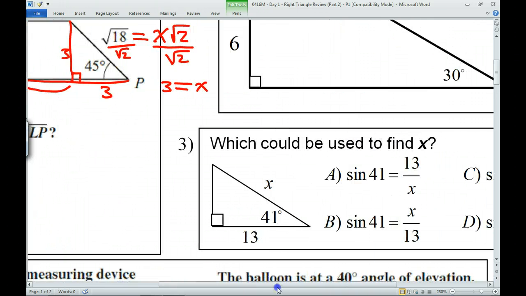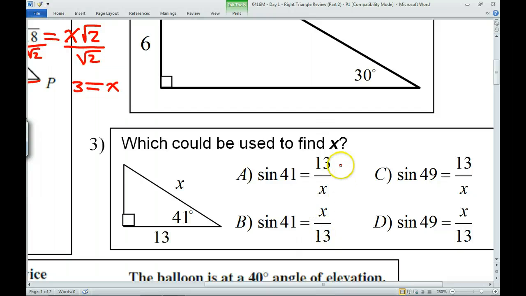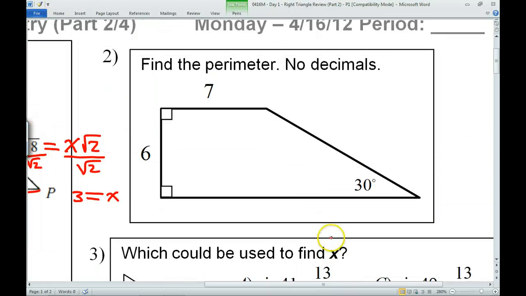Okay, let's take a look at number 2. Number 2 is very similar, except for this time, if we drop our altitude right here, we have a 30, 60, 90 triangle. So let's see what we have. If this is 7, then this is going to be 7. If this is 6, then this is going to be 6.